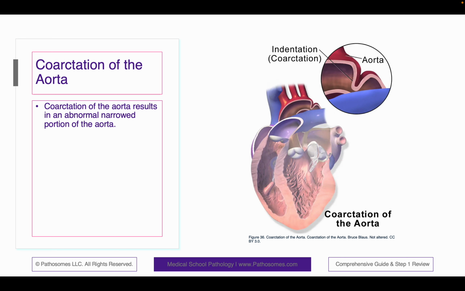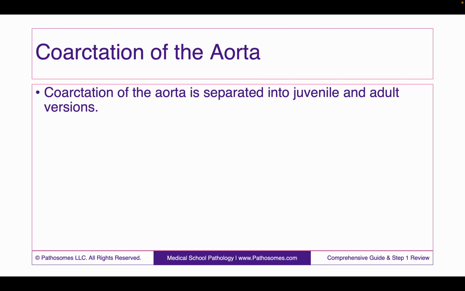Now this is an important pathology that you will definitely see. Coarctation of the aorta. Coarctation of the aorta results in an abnormal narrowed portion of the aorta. Coarctation of the aorta is separated into juvenile and adult versions.